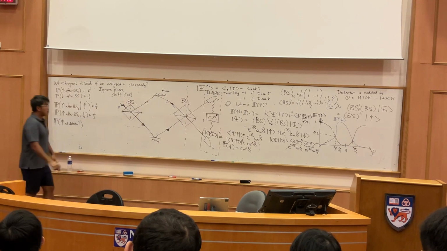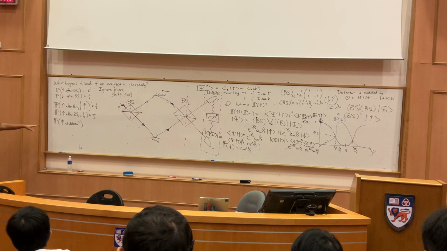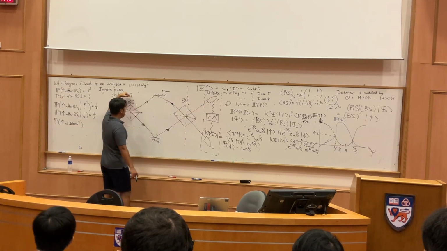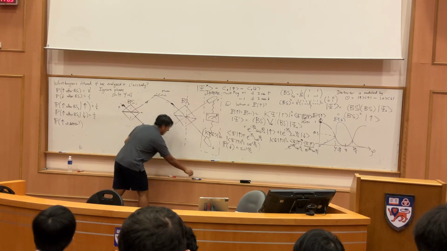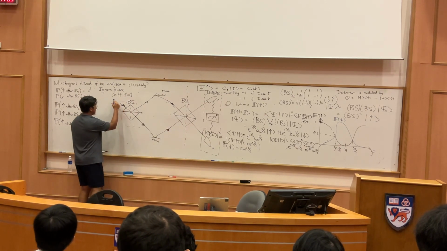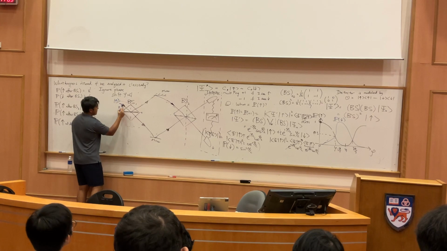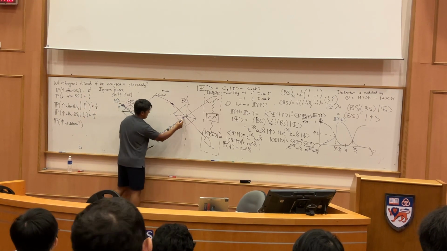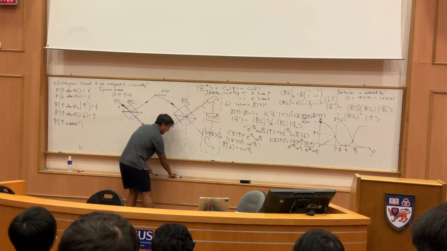It's clear to see that what you should be doing is asking what's the probability of being in one of the paths. So there's one path here, we can go up, you can do this, and the other path is this path.